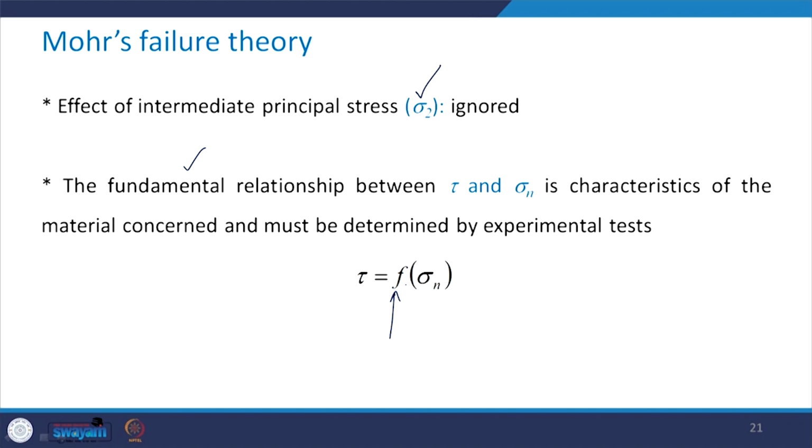Depending upon the characteristic of the material, this function f can be linear, or it can be parabolic, it can be hyperbolic, it can be anything, it will be the characteristic of the material. So, Mohr's failure theory in the most simple manner states that the shear stress at a failure plane is a function of the normal stress on that plane.